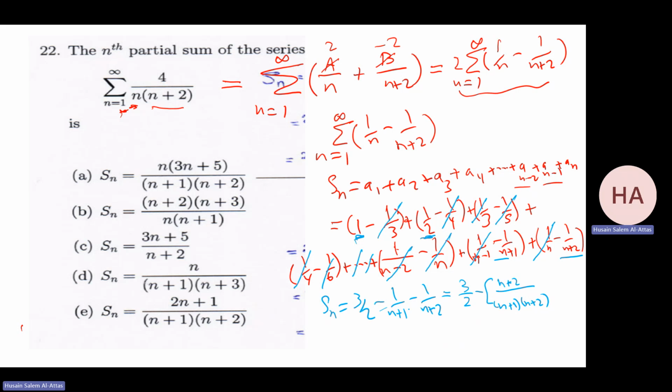I took minus a common factor, so everything is plus. n plus 2 plus n plus 1. Okay? That gives me 3 over 2 minus 2n plus 3, yeah, 2n plus 3 over n plus 1 times n plus 2. It's a matter of calculation now. And that gives me what?